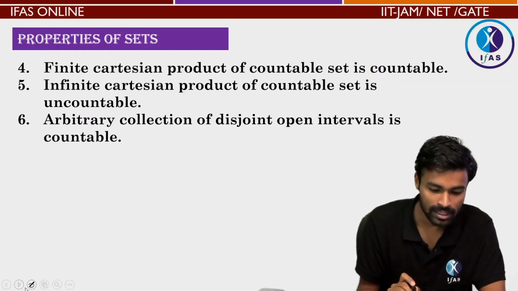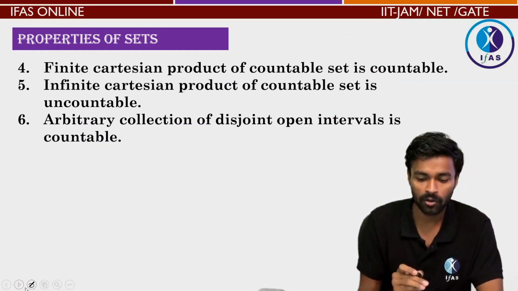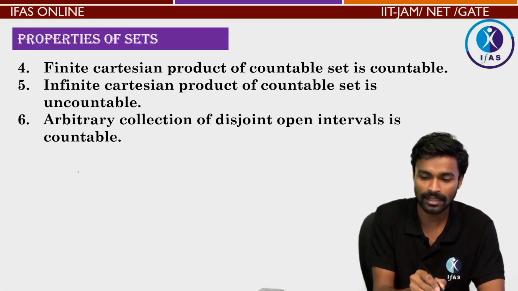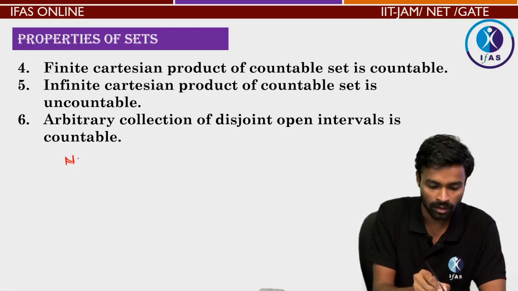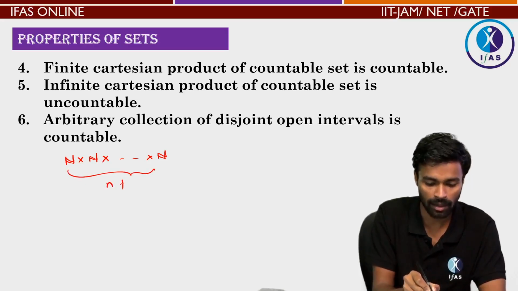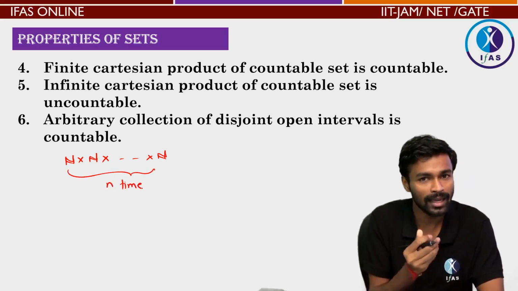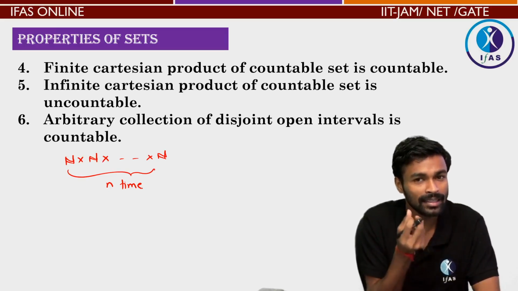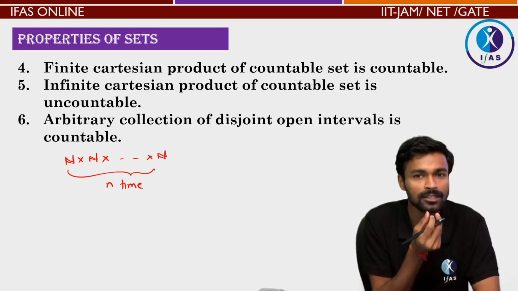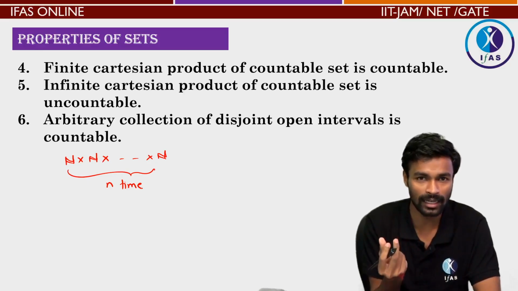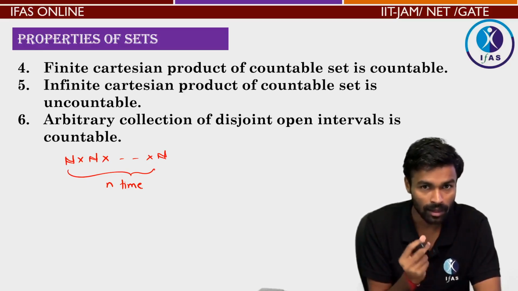So the next property is the finite Cartesian product of countable sets is countable. If I take the Cartesian product of countable sets finitely, n times, the set that comes out will be countable. Why? Because all the n sets are countable. If I take Z cross Z n times, then again it is a countable set.